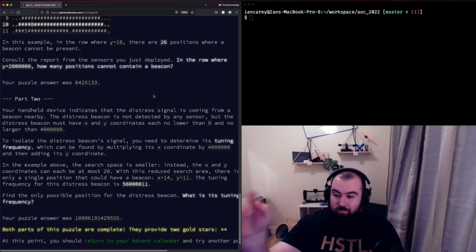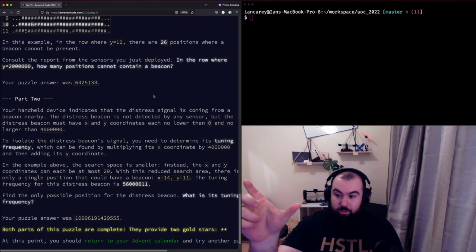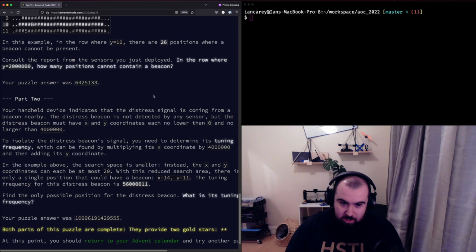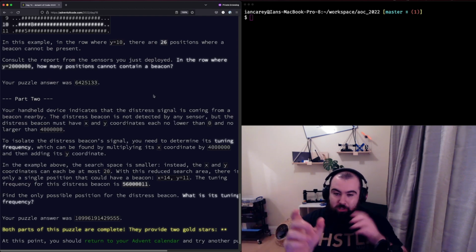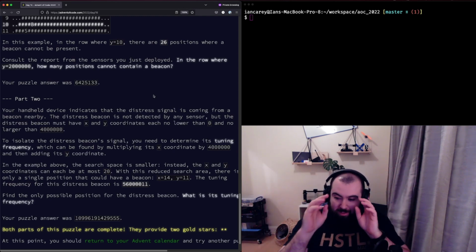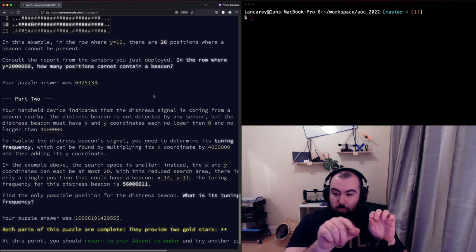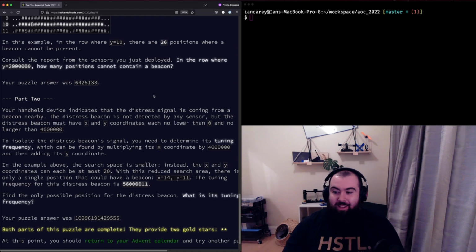So for each Y, do your line checking algorithm, but instead of just telling me the width, I actually want to know the coordinate for the X. I want to know, as I'm decomposing my sets of ranges down, because we know there's going to be a break in the line, my end point at the very bottom is going to be two ranges that don't overlap at all, with one value in the middle, and that is the X value that we want.